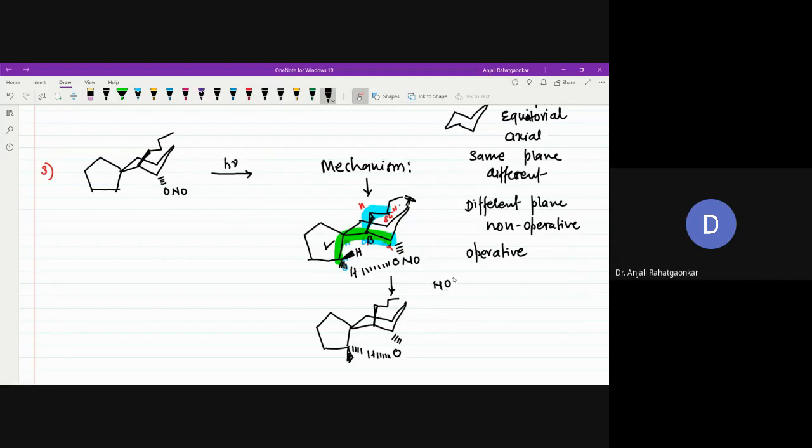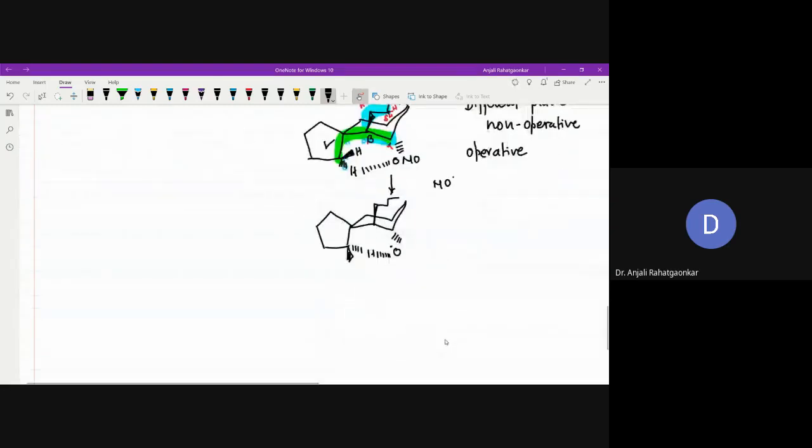So naturally you will get the formation of this, and here you can get this type of structure. One hydrogen is there.